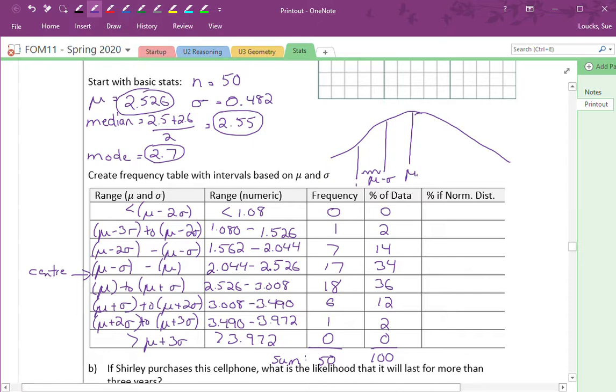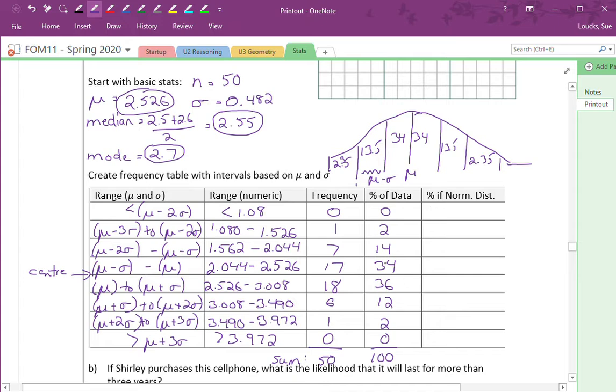If it was a normal distribution, what would we expect that chunk to be? Remember, if we split up our curve like this, and this is the mean, this should be 34, this should be 34, this should be 13.5, this should be 2.35, 13.5, 2.35, and then some teeny number we don't ever worry about.